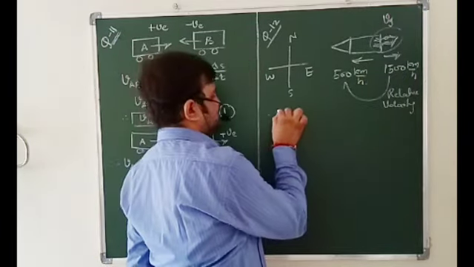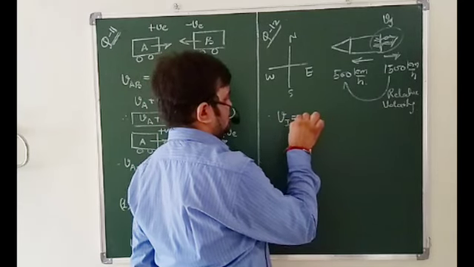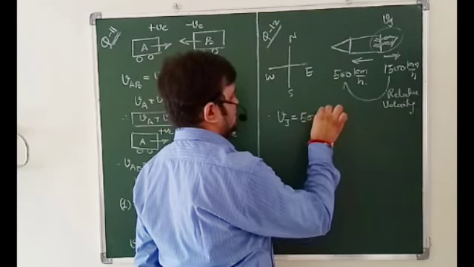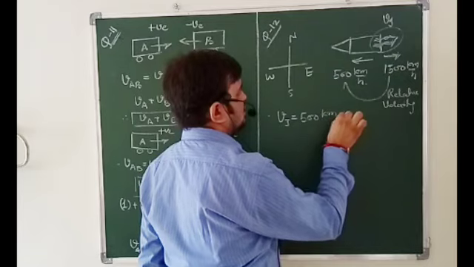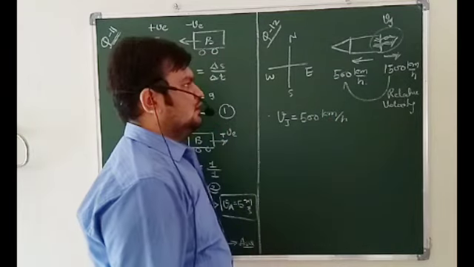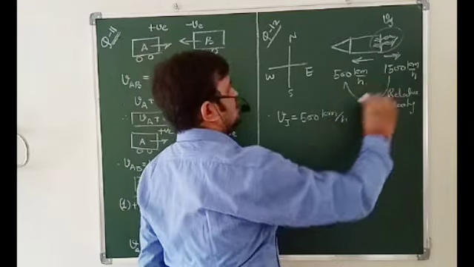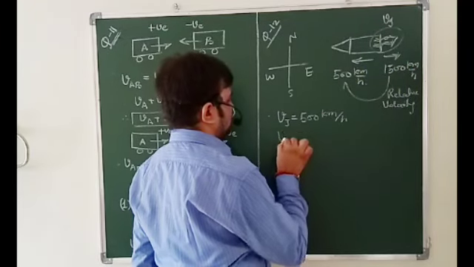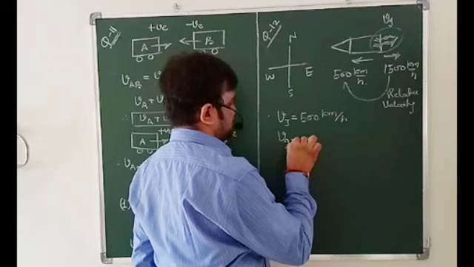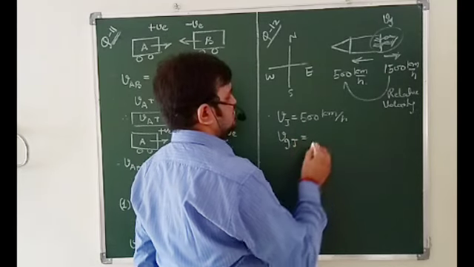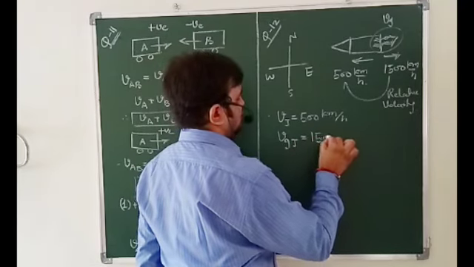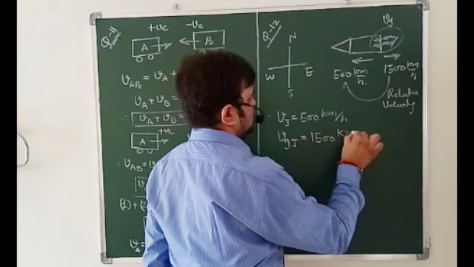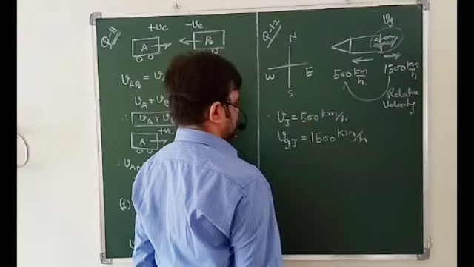Now the velocity of the jet plane, Vj, is 500 km per hour. The relative velocity of gases with respect to the jet is 1500 km per hour.